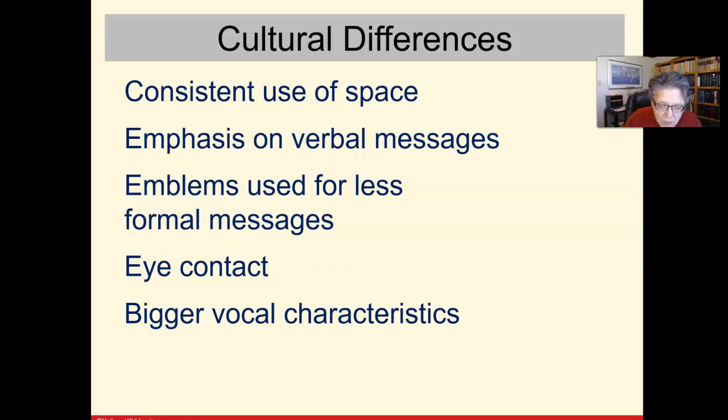And so we need to have consistent use of space, understanding how our culture uses space as well as how other cultures may use space. Emphasis on verbal messages, emblem use for less formal messages, improving our eye contact skills, and then better vocal characteristics, knowing how to modulate our voice, knowing how to speak properly and correctly.